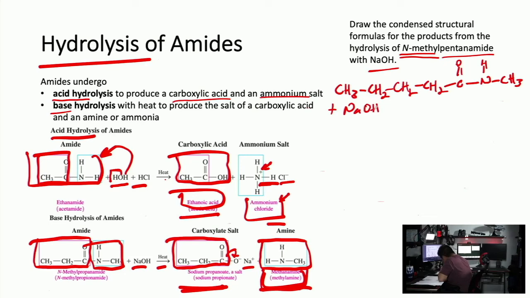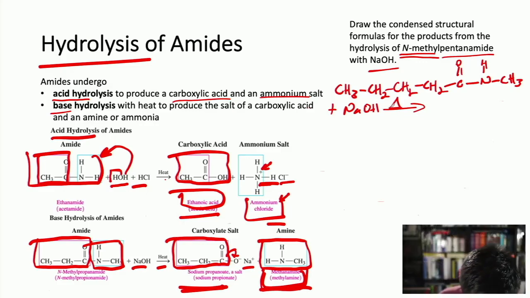and some heat. They write out heat a lot in the textbook, but I like to use a triangle for heat. I think that's the first time I've ever told you that. But that's okay. Not a big deal. So then what do we end up with? Well, we're going to end up with the carboxylate version of this part right here, as a salt.